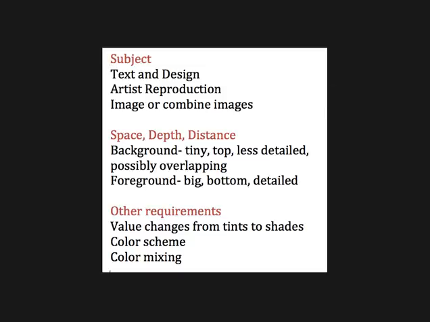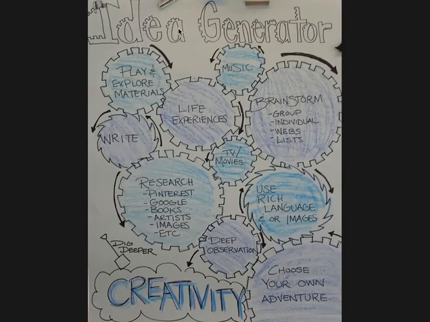Now, as far as coming up with an idea, there are lots of different ways that you can generate an idea, and this is my idea generator. You can play and explore materials, think about life experiences, different kinds of music might inspire you. You could use your top 10 lists or create a new web to come up with some ideas. You might use something that you've written in the past.